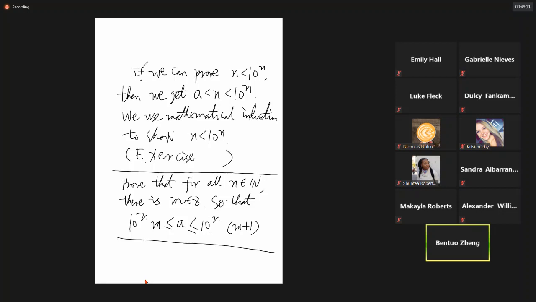Since 10 to the nth power is a positive number, we can divide the inequality by 10 to the nth power, and then you get a new equivalent inequality. Okay?